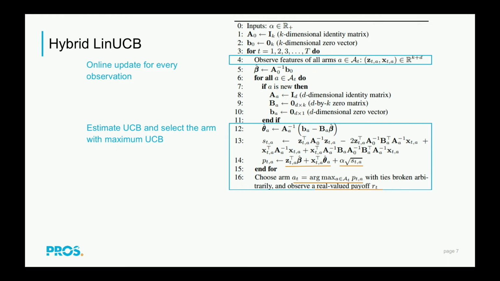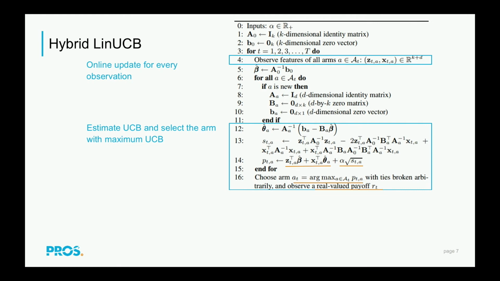When we choose this arm, we are going to observe a reward. So we put out this price, and then the customer will say, OK, it's too high, I will reject it, or I will accept it. And then we will observe a revenue flow, a real-valued payoff. So this is a revenue feedback.